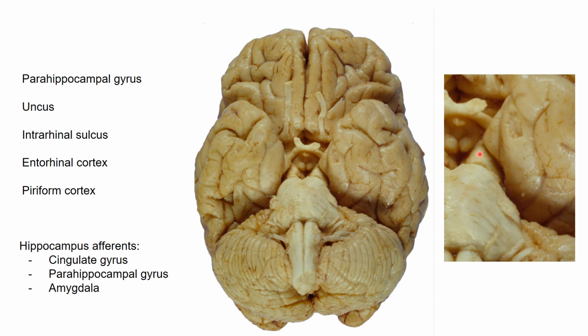So I'm going to hop over to this image because we have it zoomed in. So uncus, parahippocampal gyrus. Your entorhinal cortex is going to be basically lateral to the uncus. So here's your uncus. Then this area is going to be your entorhinal cortex.